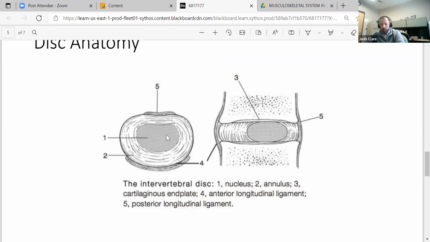The nucleus has a lot of water to it, and it allows great motion. The annular fibers, the annulus fibrosus, are what we see in this view as rings around that. Those are the more rigid structures of that disc.